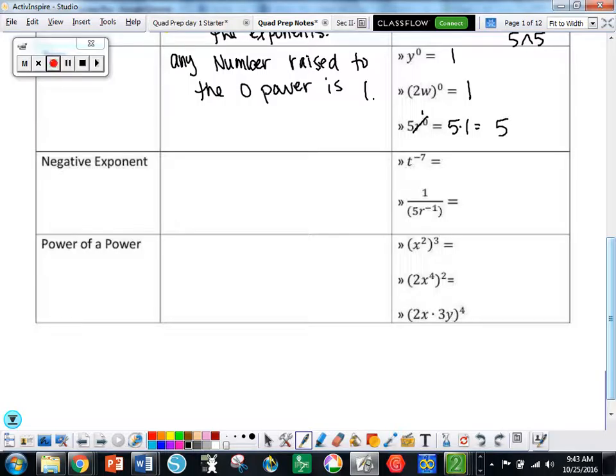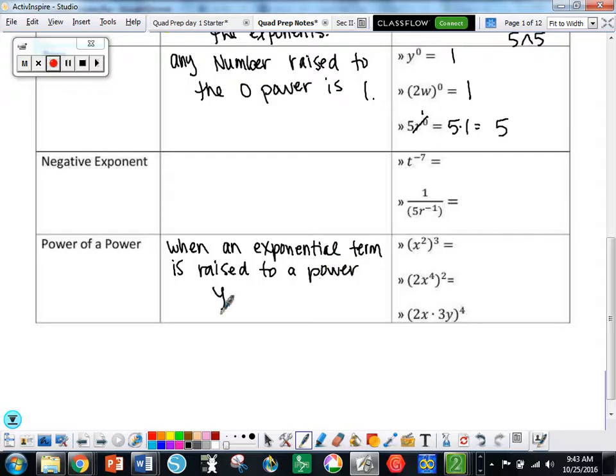When you have a power being raised to a power, let me show you, like, looking at this x squared to the third. That means x squared times x squared times x squared, right?